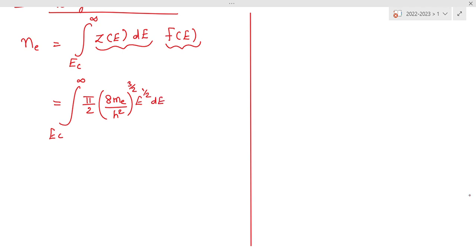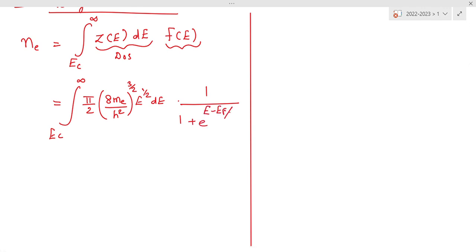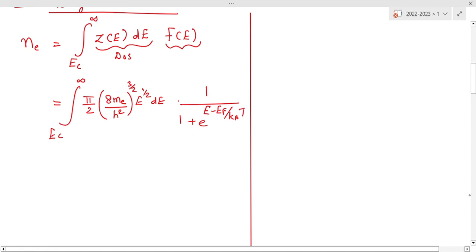This is density of states. And f of E is 1 divided by 1 plus e power E minus Ef by kBT.